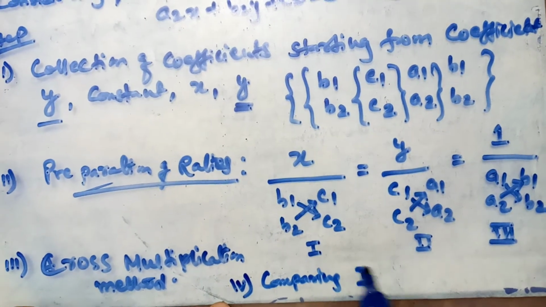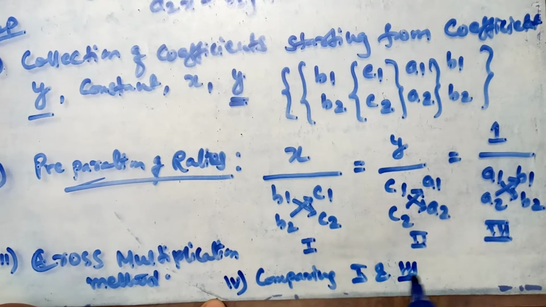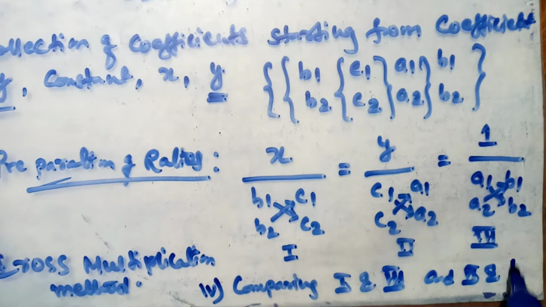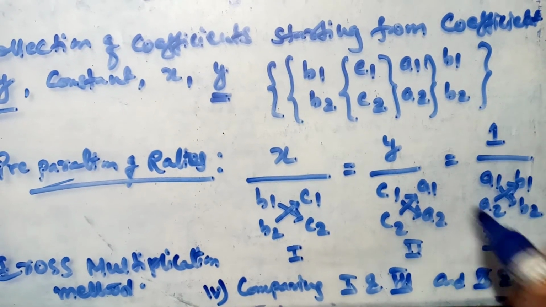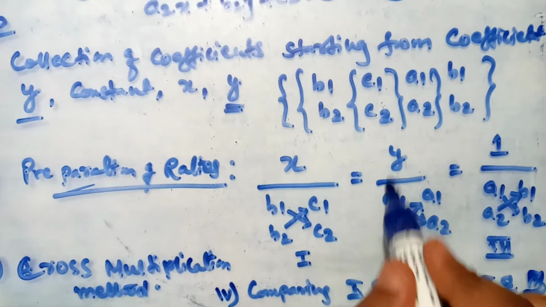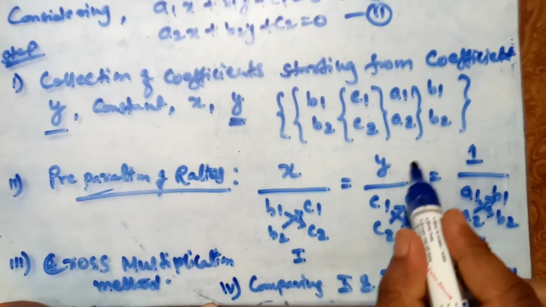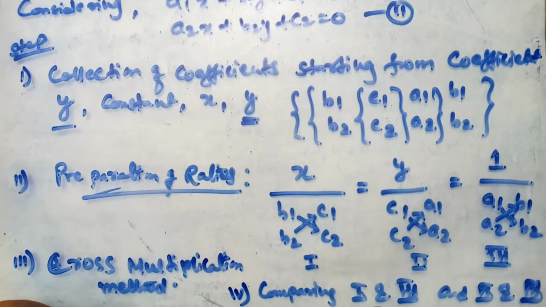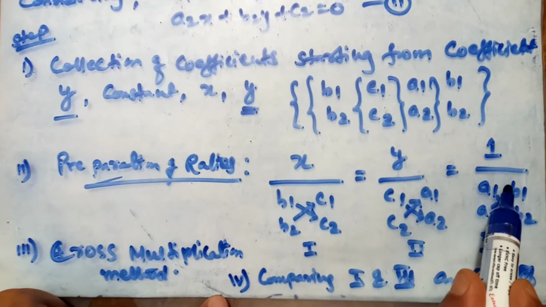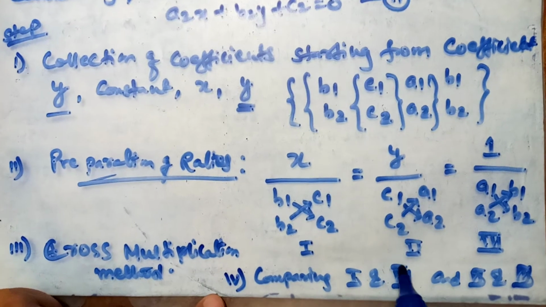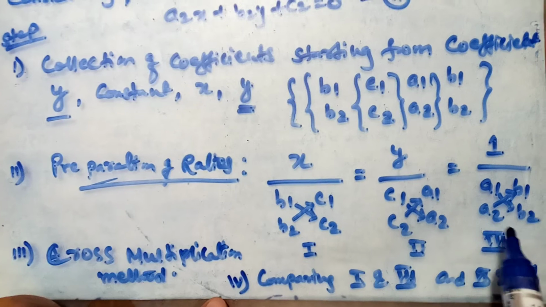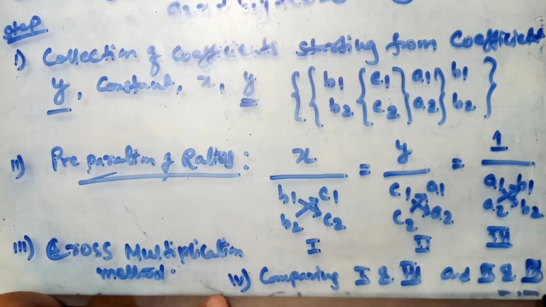Comparing 1 and 3 यो गर्नु पर्यो, and 2 and 3, 2 and 3 ले के दिन्छ, y दिन्छ, because यो completely number हो, यो पनि number हो, only unknown is y. So y आरामसँग हामी यो दुईटा रेशियो कम्पेयर गर्यो भने निकाल्नु सकिहाल्छ. अनि x निकाल्नुको लागि चाहिँ फर्स्ट रेशियो र लास्ट थर्ड रेशियो चाहिँ कम्पेयर गर्नु पर्यो. सो 1 र 3 कम्पेयर गर्यो भने x आउँछ, 2 र 3 कम्पेयर गर्यो भने y पाइहाल्छ.